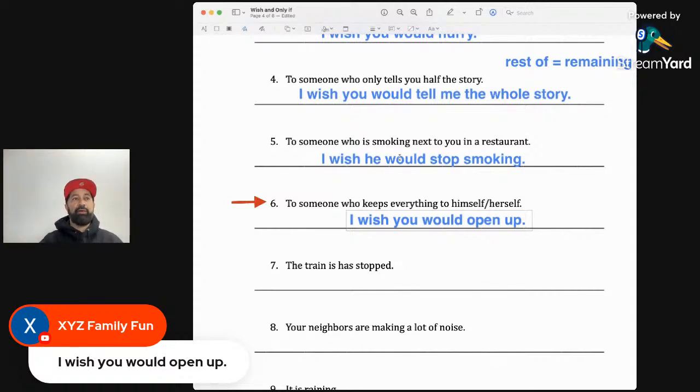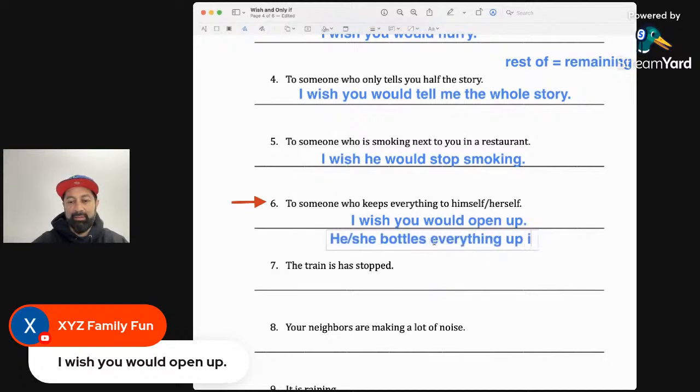Excellent. So someone who keeps everything to himself or herself, we often say, and this is also a really great idiom that I'm going to teach everyone, he or she bottles everything up inside.